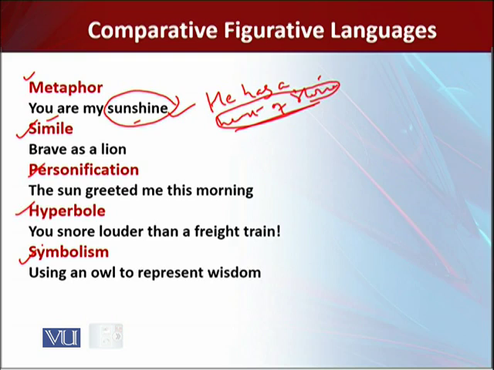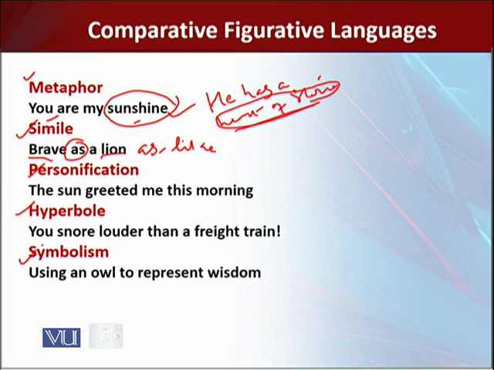Coming to simile, which is again comparing two things. For example, brave, lion. However, it is used with words that join these two. When you are looking at similes, they are used with as or like.